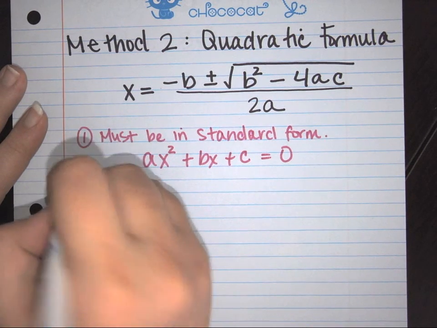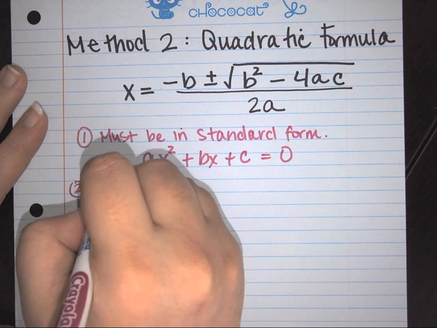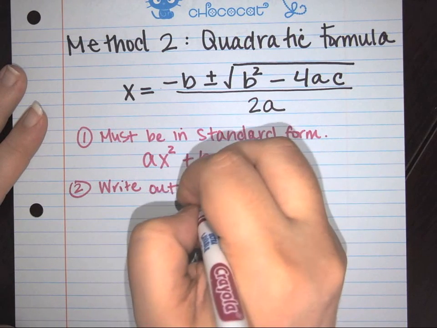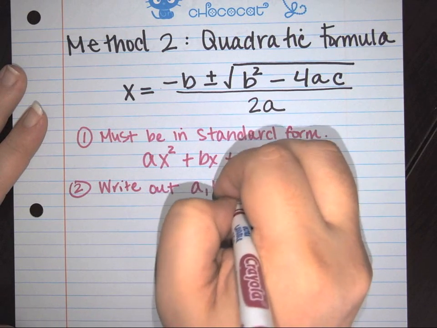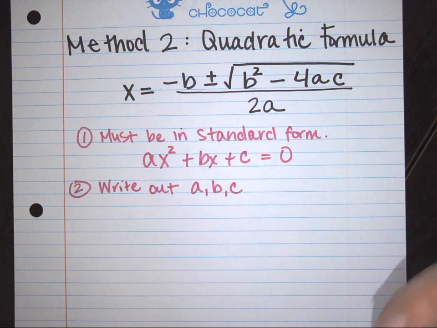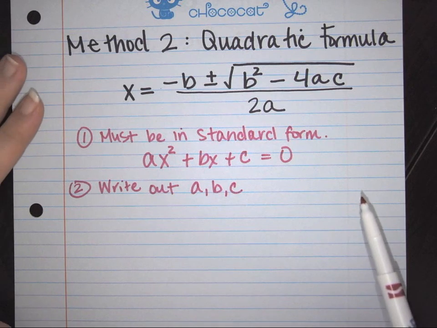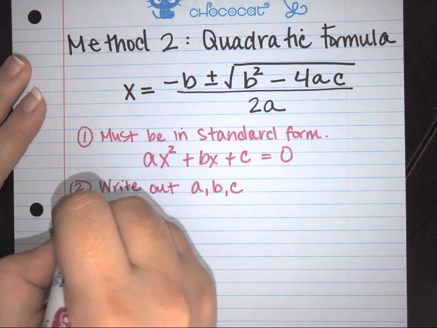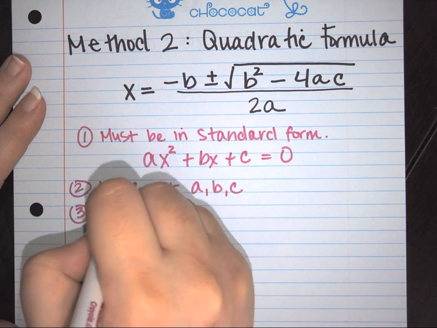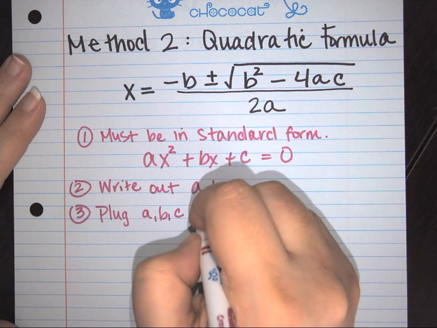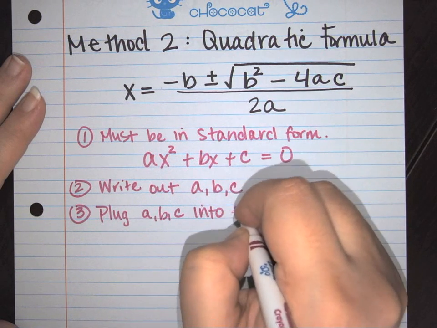The second thing you need to do is write out a, b, and c separately so that you know exactly what they are. Then the third thing you have to do is plug a, b, and c into the formula.